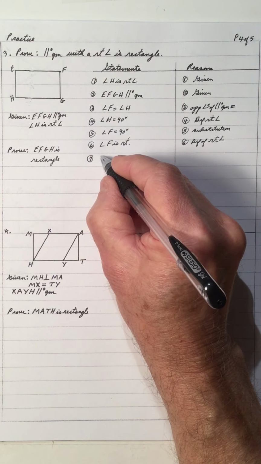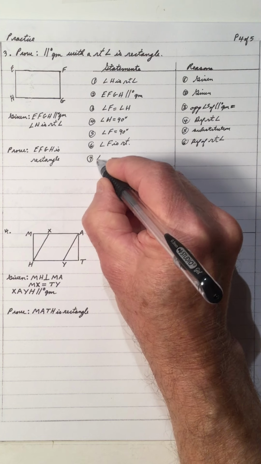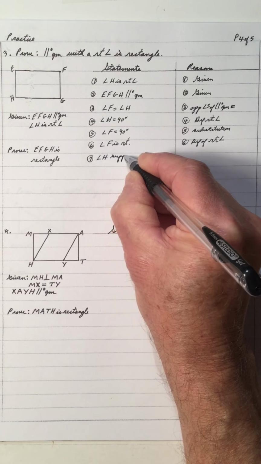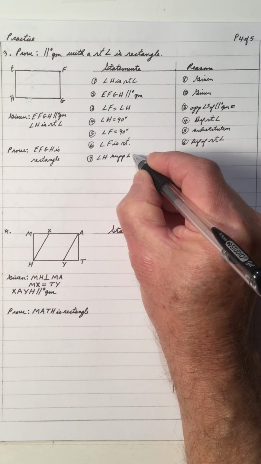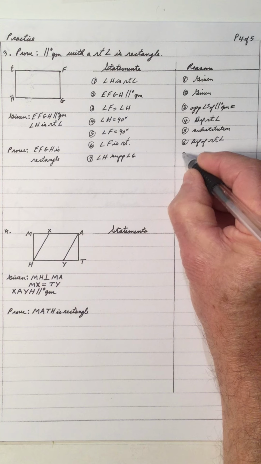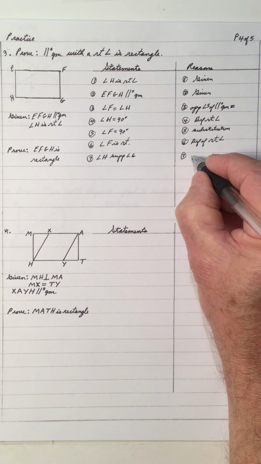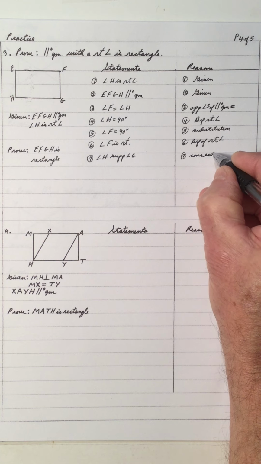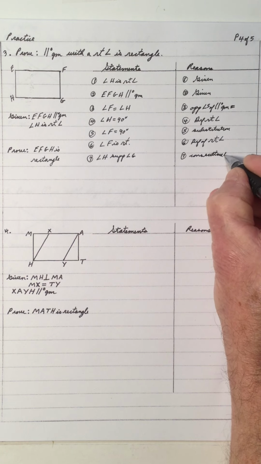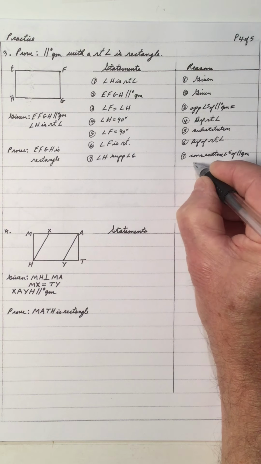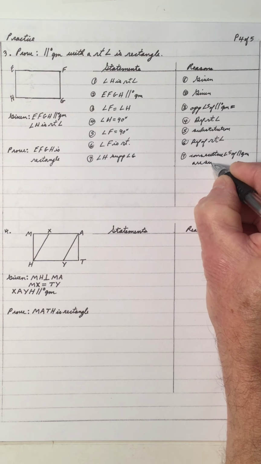So let's say that angle H is supplementary to angle G. And the reason is that the consecutive angles of a parallelogram are supplementary.